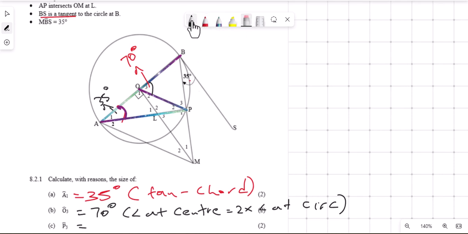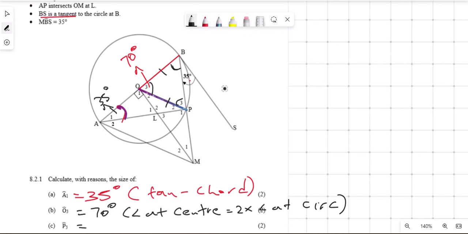The radii are equal. This now becomes an isosceles triangle. Do you see that? It's visible that it's an isosceles triangle now. So this is what we can say now.